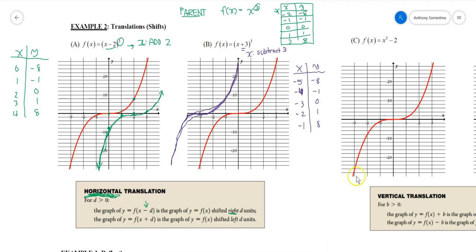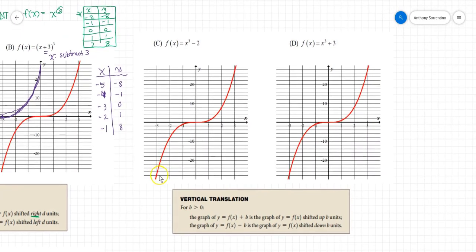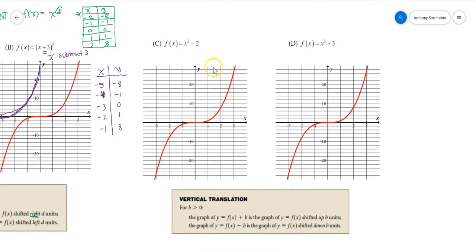When I look at the vertical transformations, now notice the vertical transformations, they occur outside of parentheses. So notice it's not the x being subtracted by 2, it's the x cubed being subtracted by 2. So I'm still starting with the same function, except now I'm going to have the -2 applied to the y's, not the x's. Here I'm going to have the +3 applied to the y's, not the x's.